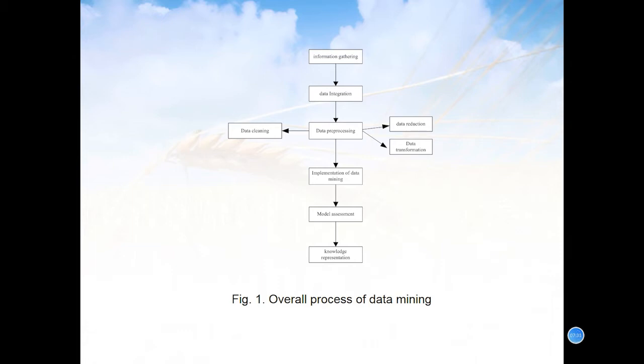Data processing is divided into data cleaning, data reduction, then data transformation. And the fourth part is implementation of data mining. And the next part is model assignment. And the last part is knowledge representation.